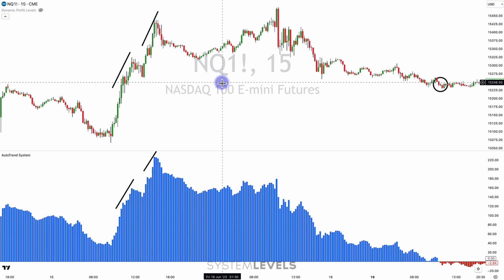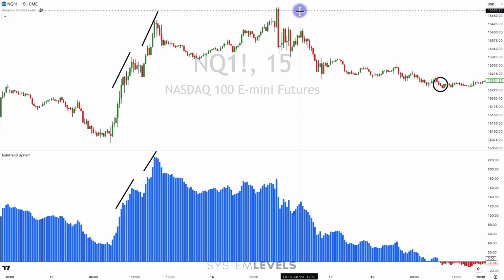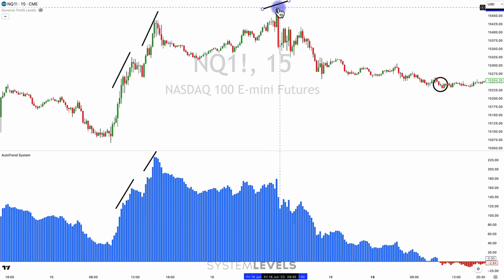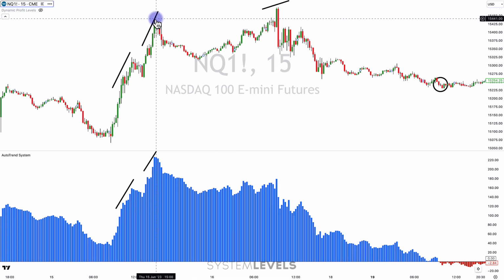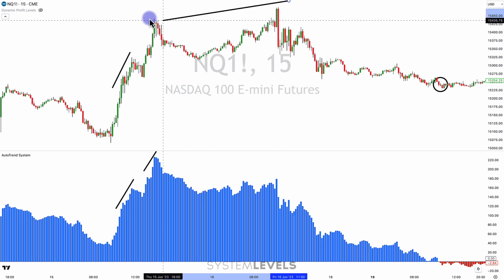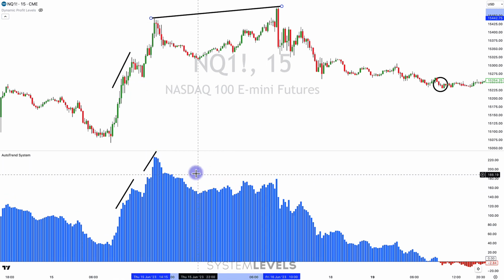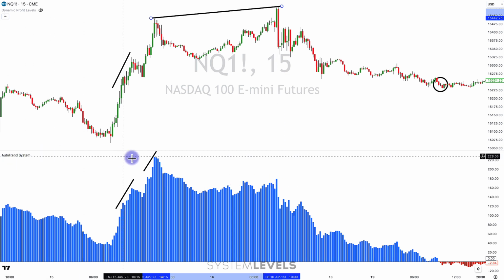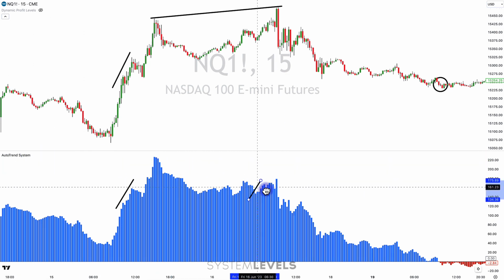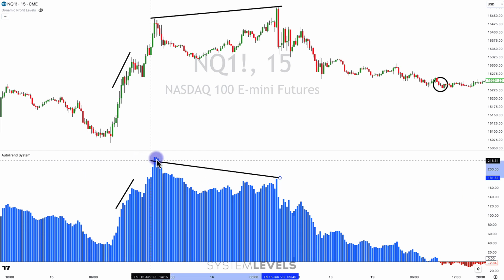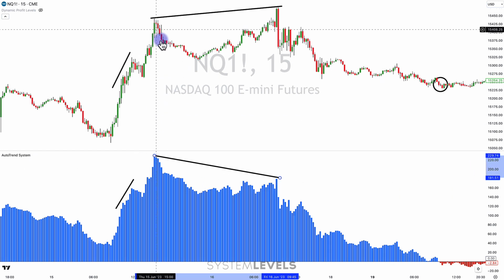But when that changes, when there is divergence, in other words, when price is moving higher, making a higher high, this high is higher than this high. Let's just highlight it. When this high is higher than this high, but we're not getting the same behavior in the momentum area of our chart on the edge of the AutoTrend system, that signals to me that momentum behind this move is losing steam.